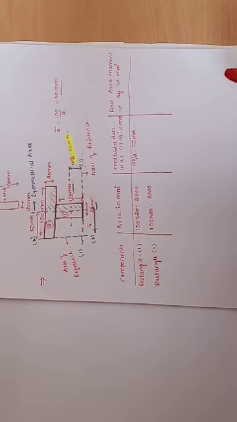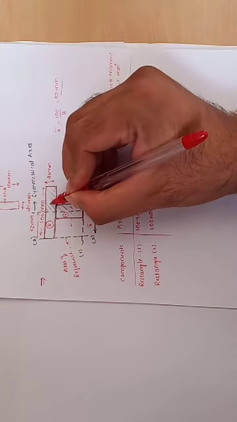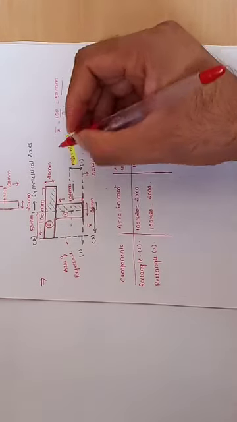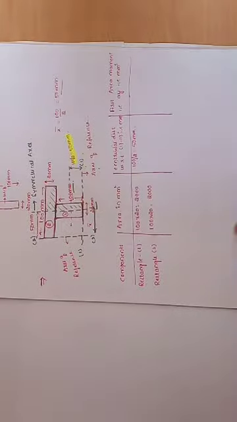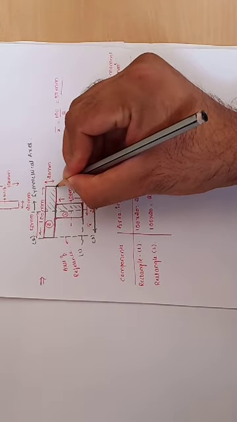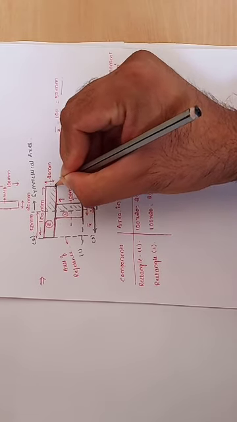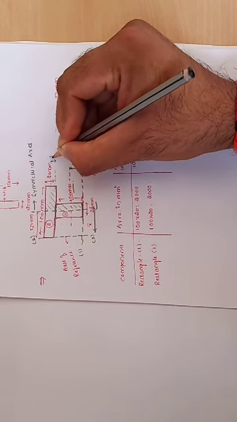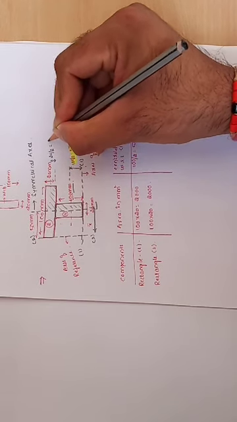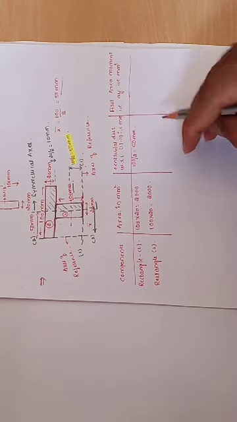The next one is for the second rectangle. What is its CG distance? If you take this one as the base, the CG distance will be 20 divided by 2, so that will be 10 millimeter. But where is the reference axis?